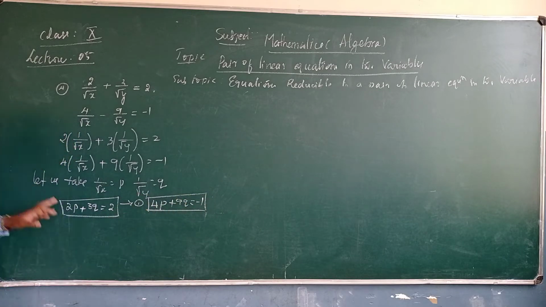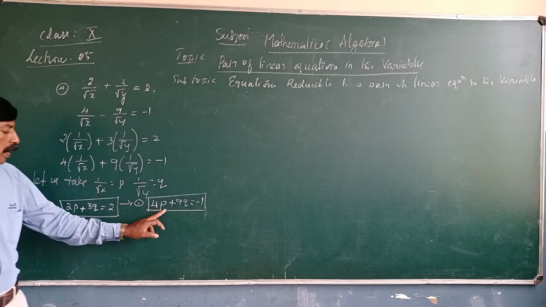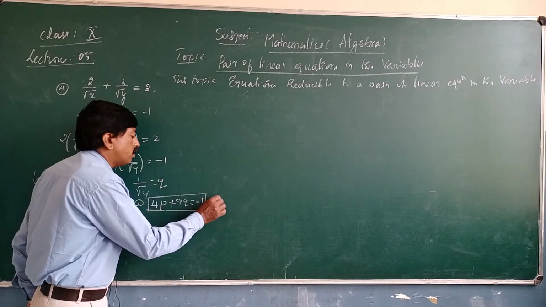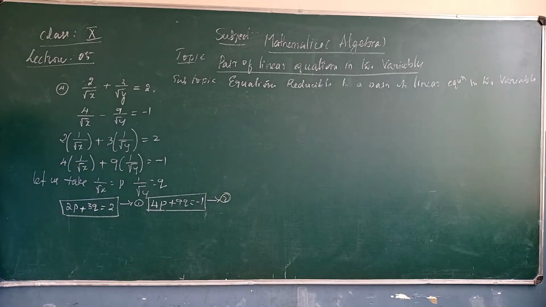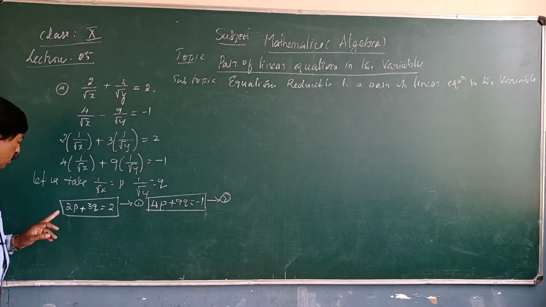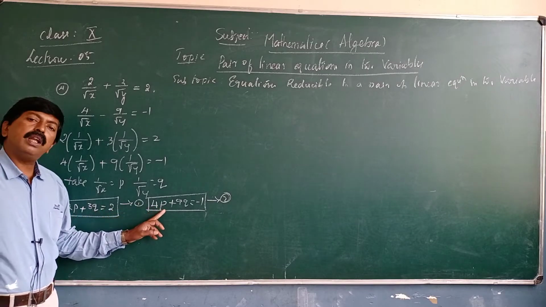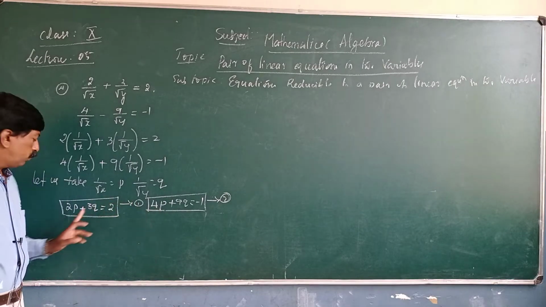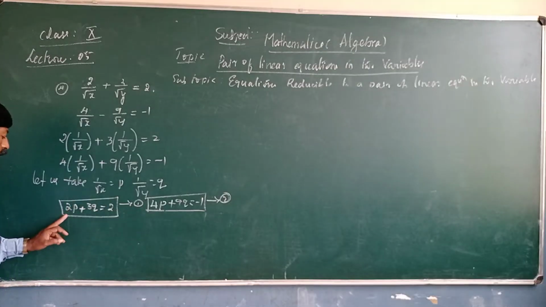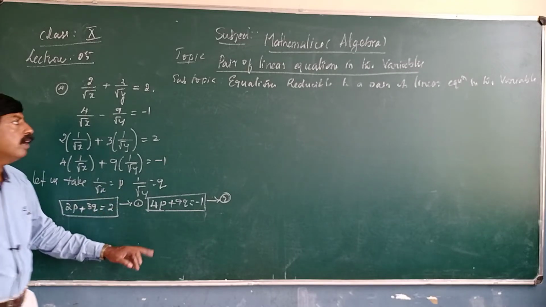Call this equation 2. Directly it is not possible to eliminate, since here it has 3, here it has 9. 2 is the numerical coefficient of p, 4 is the numerical coefficient of p. Therefore we have to eliminate p. For that you can multiply equation 1 by 2.